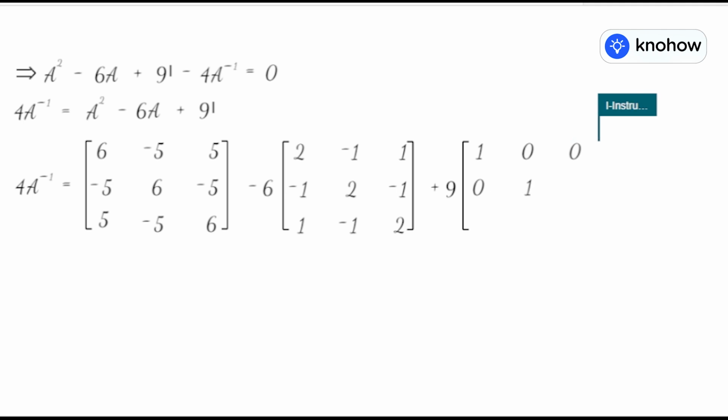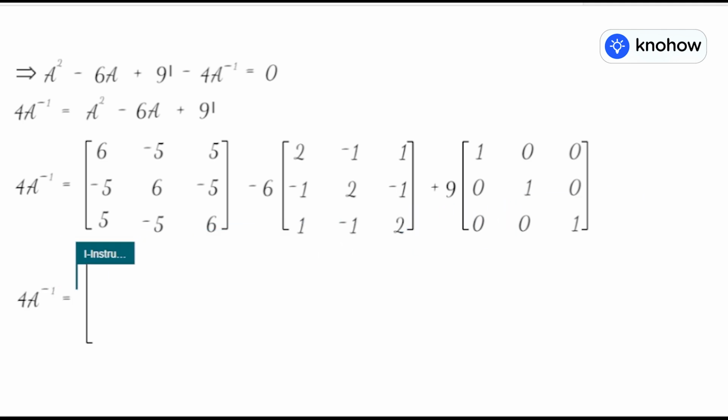And if you work out, you get 4 times A inverse equal to the value of A square, you keep it as such for a moment, so you get 6, minus 5, 5, and rest of the elements are minus 5, 6, minus 5, and 5, minus 5, 6.